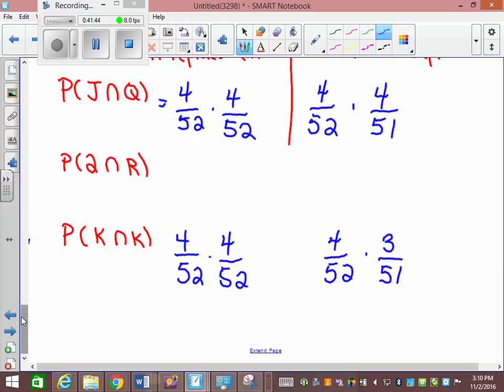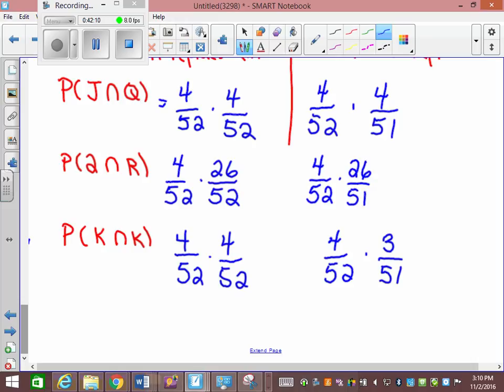2 and a red with replacement. 2 is going to be 4 out of 52. Red is 26 out of 52, but now you have to watch. I've never seen the without replacement on this particular one with reds or blacks, because it makes it a little more harder. So you'd have to do cases. So if you have a 2, 4 out of 52, and a red, it would be 26 out of 51.